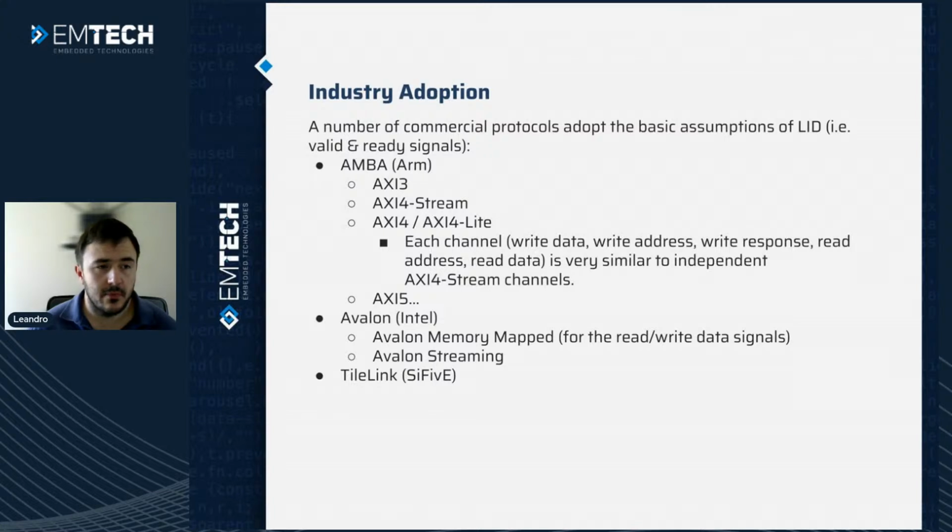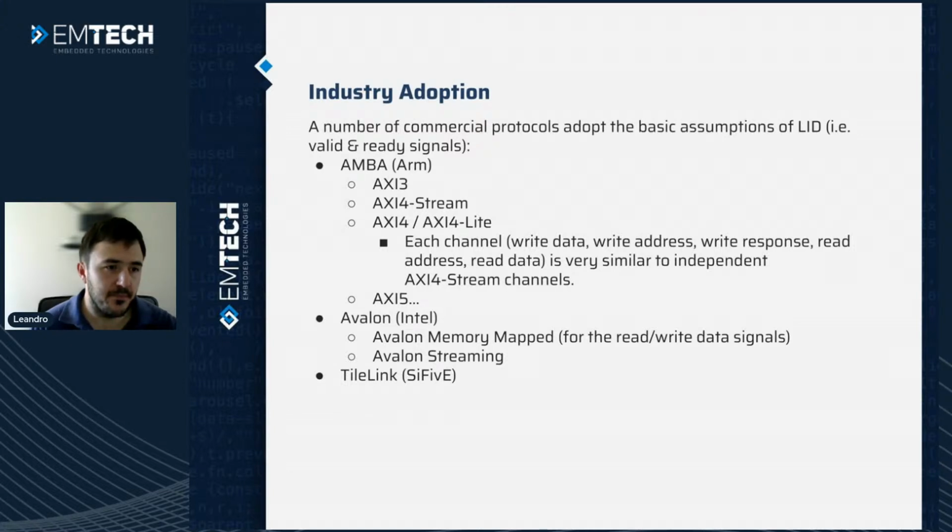Probably the most famous ones are the ones coming from ARM inside the AMBA protocols: AXI3, AXI4, AXI4-Stream, which is going to be our focus. The separate channels of AXI4 and AXI4-Lite are pretty much very similar to AXI4-Stream channels. AXI5, which I haven't worked with much, is an evolution of previous protocols.